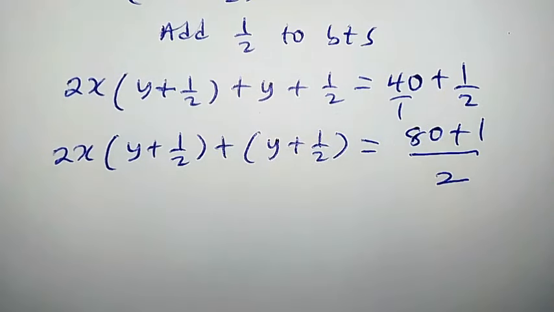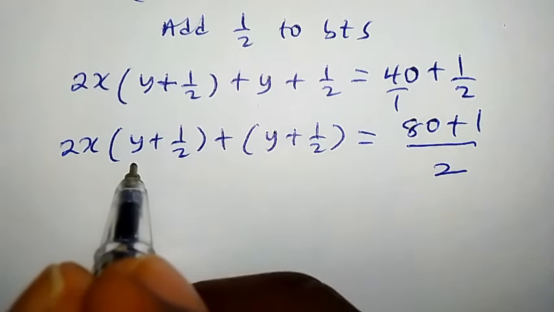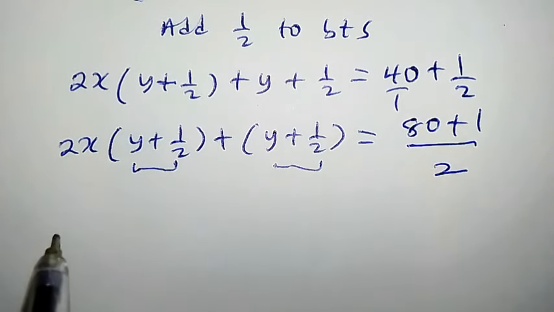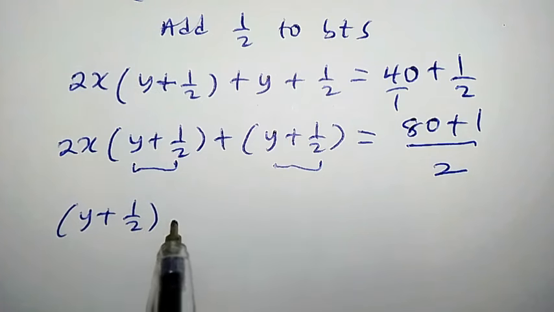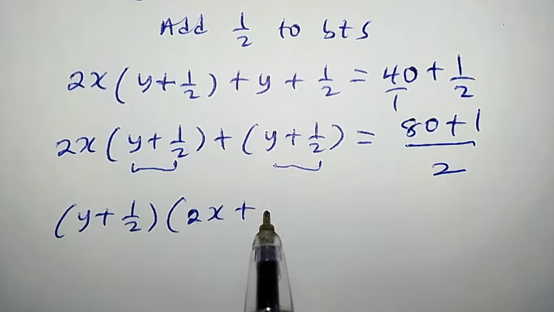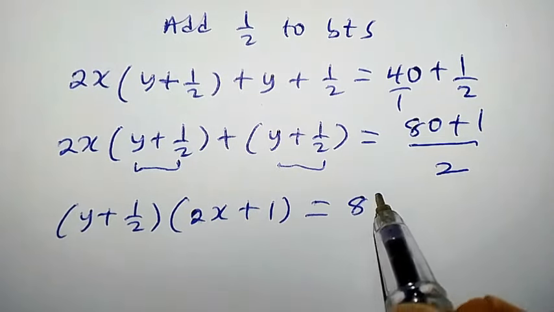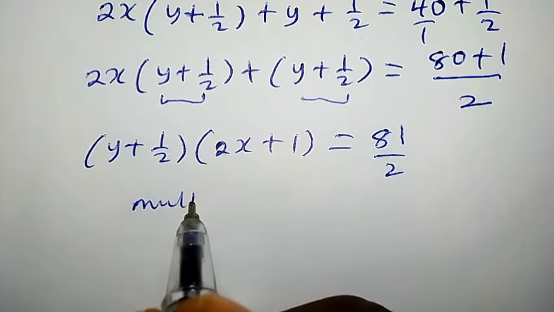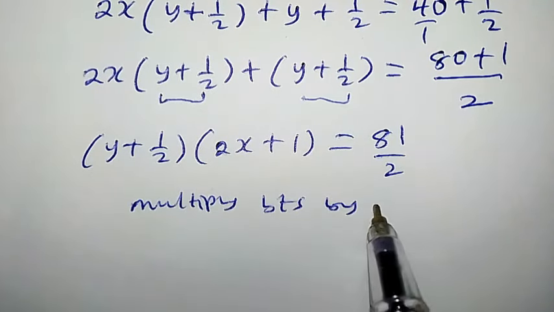Let's proceed further. You will notice that on the left hand side, y plus half is common. We can pull it out, so we have (y plus 1 over 2) into (2x plus 1) equal to 80 plus 1, that is 81 over 2. Now, multiply both sides by 2.